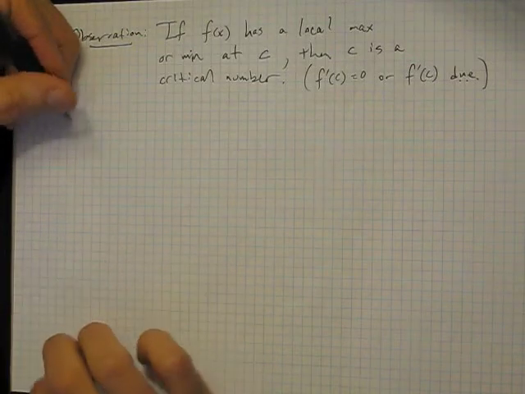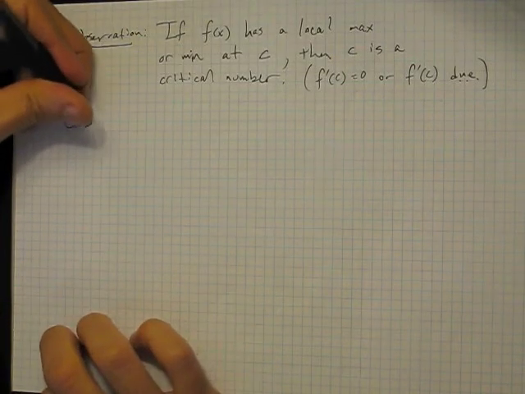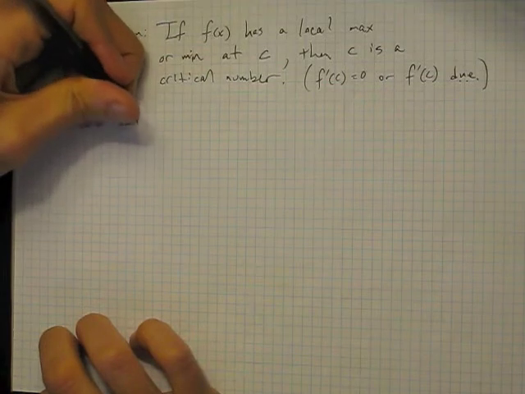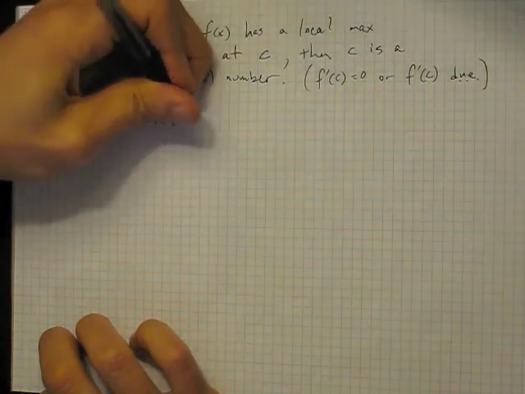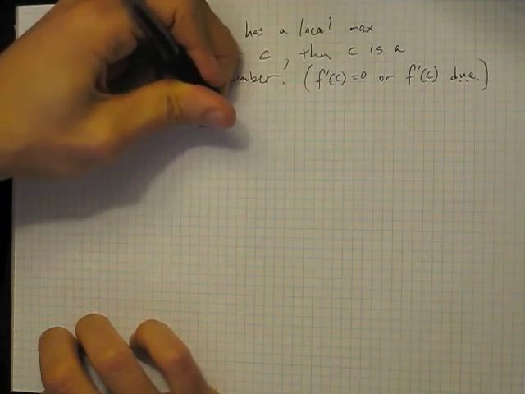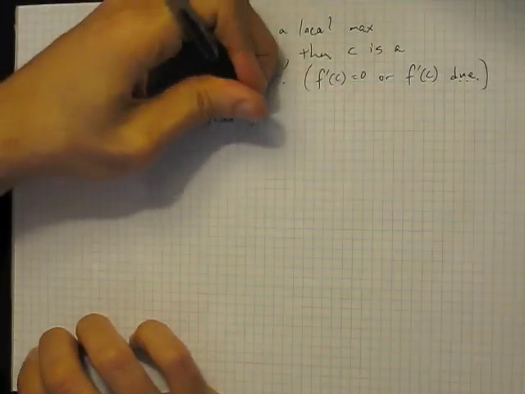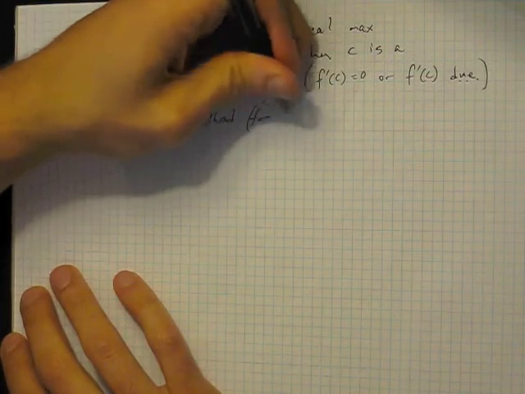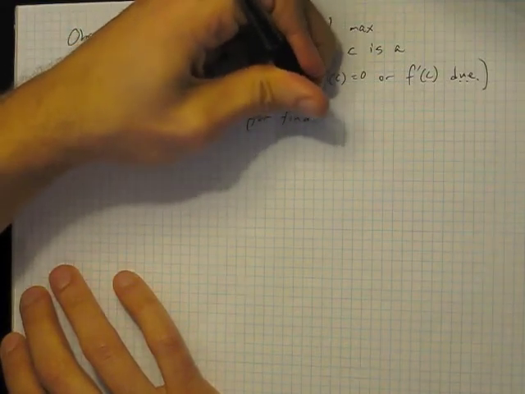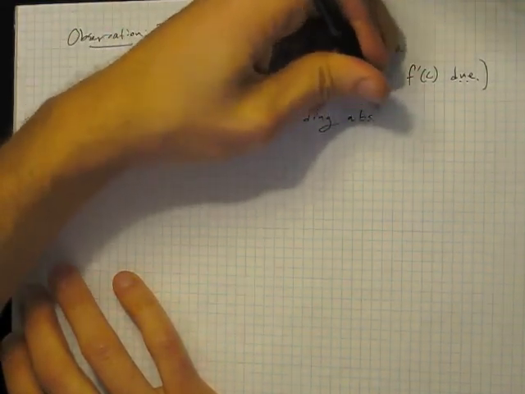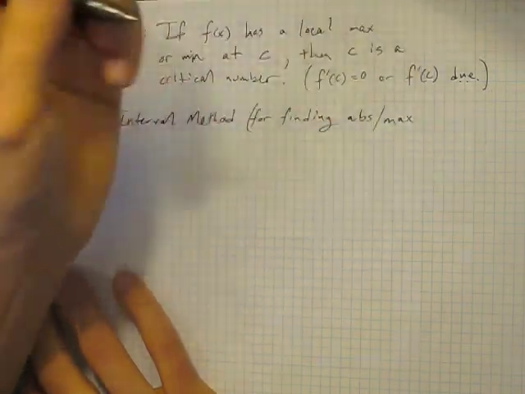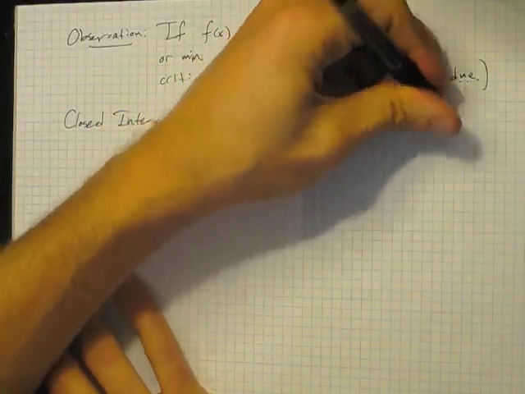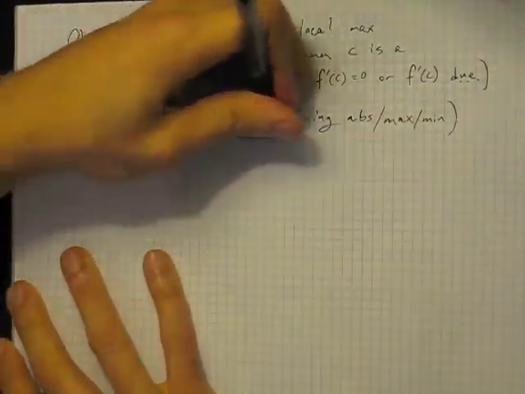In terms of the following, what's called the closed interval method. The closed interval method for finding absolute max and min values. Okay, so here's the method.